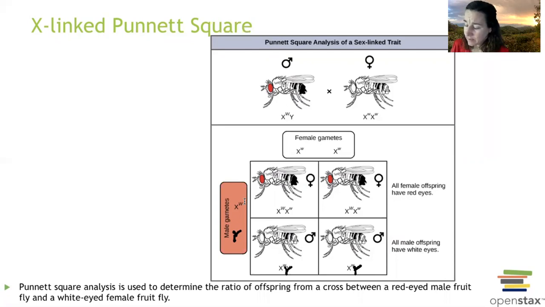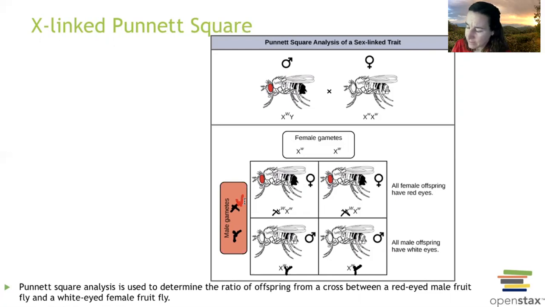Okay, so let's look at the X chromosomes. So let's see what's on the dad's X chromosome. And so here's dad's X chromosome, and I'm going to bring dad's X chromosome across. Dad's X chromosome has the gene that codes for the dominant trait, which is red eyes.